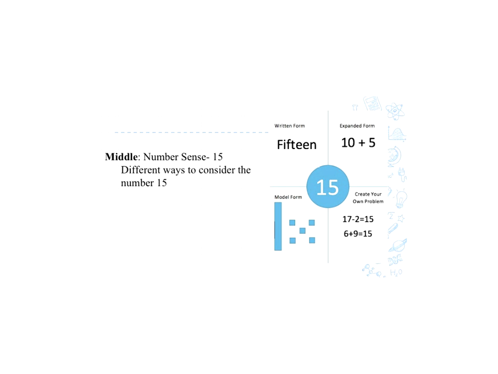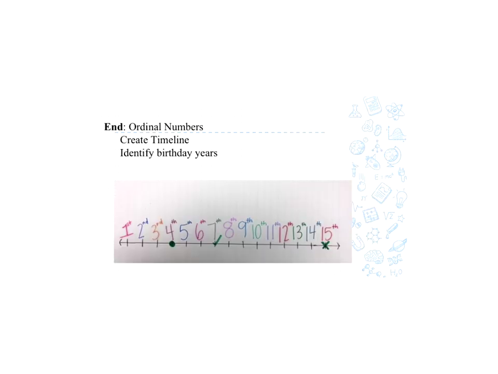After the read aloud, students will construct a number sense chart, and this is what it's going to look like for you. This way they can see and visualize and even decompose numbers and consider different ways the number 15 is made.